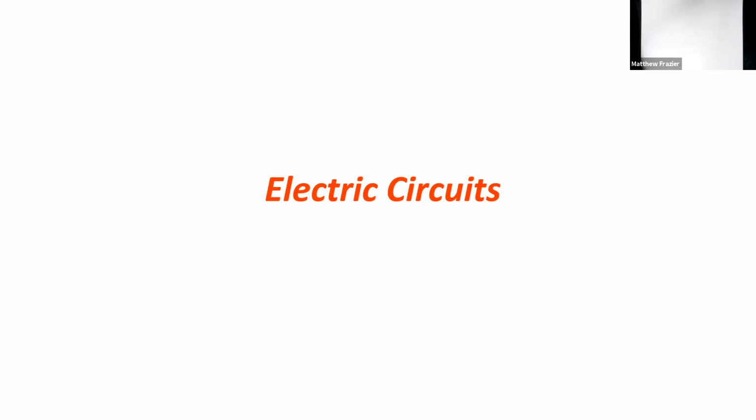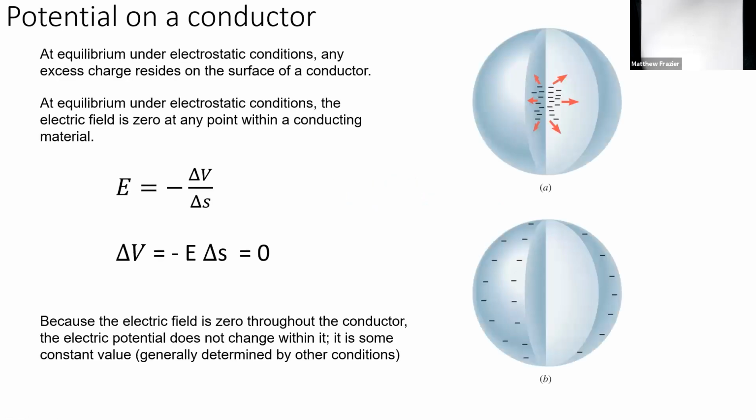And where I'm going to start off is a couple of lectures back, where we were talking about the electric field inside of conductors. We put some charge in a conductor and we allow it to move.